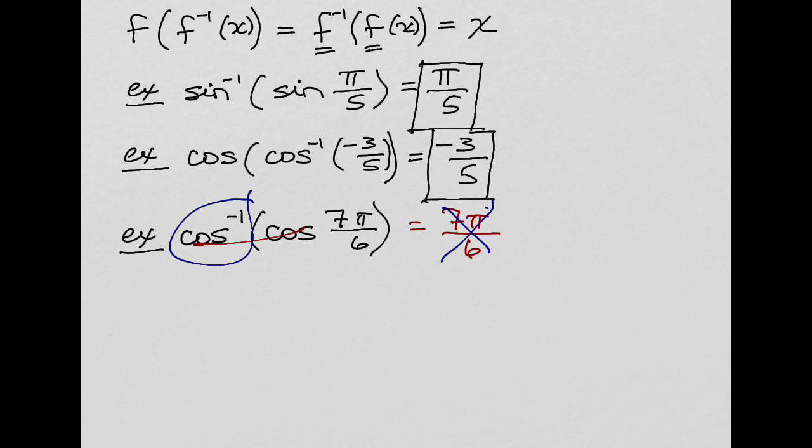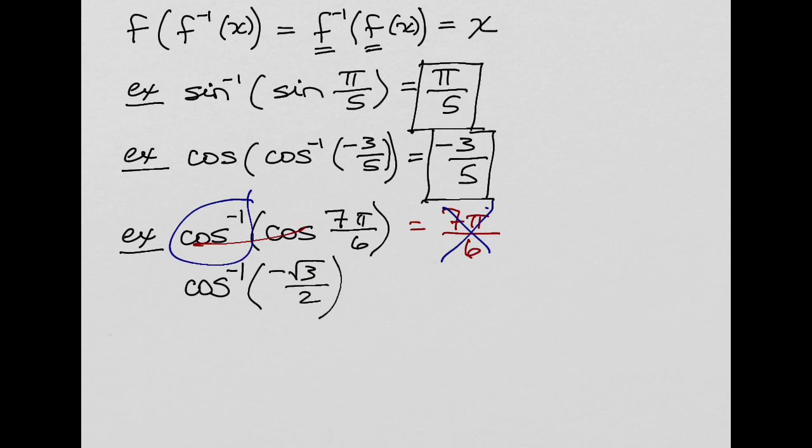So let's go back to the drawing board, as it were, on that one. I want the inverse cosine of the cosine of 7 pi over 6. Well, I know the cosine of 7 pi over 6. That's in quadrant 3. Cosine values are negative, so that's negative root 3 over 2.